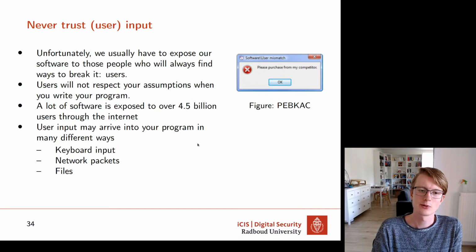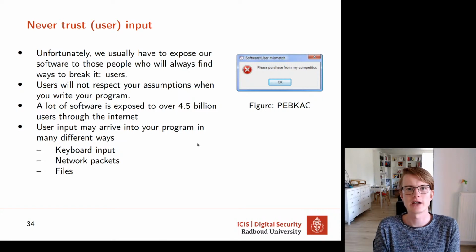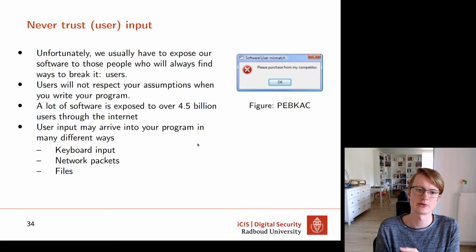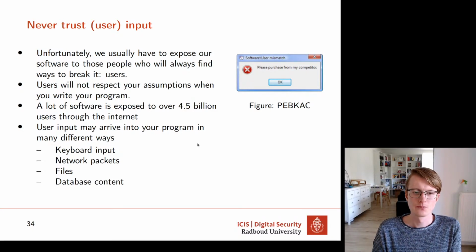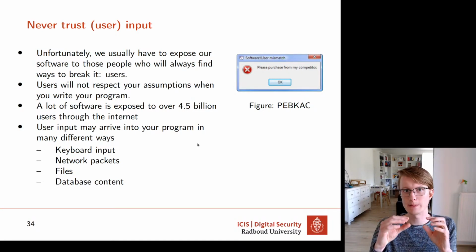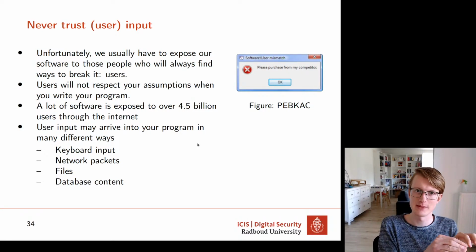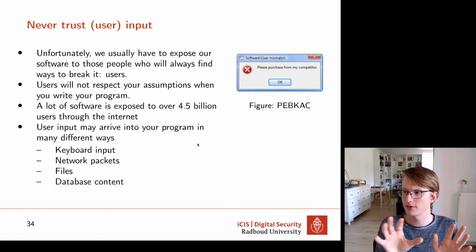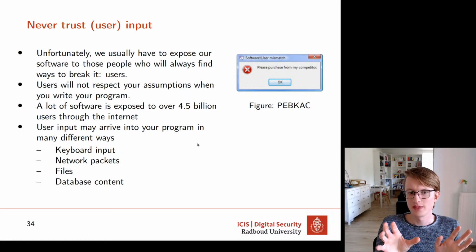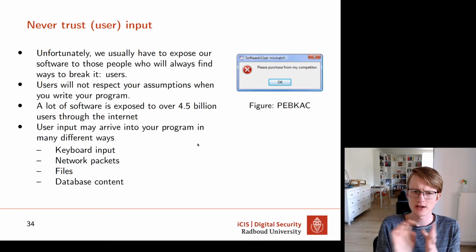Yeah, and then it will be read by your program, and if the assumptions that you have on how your file looks like have then been changed, then you could break your program. Database content is another good one. Often there it goes wrong because you took user input at some point in the past, you stored it in your database, and while you were doing all of that, you were very, very careful, because that was user input.